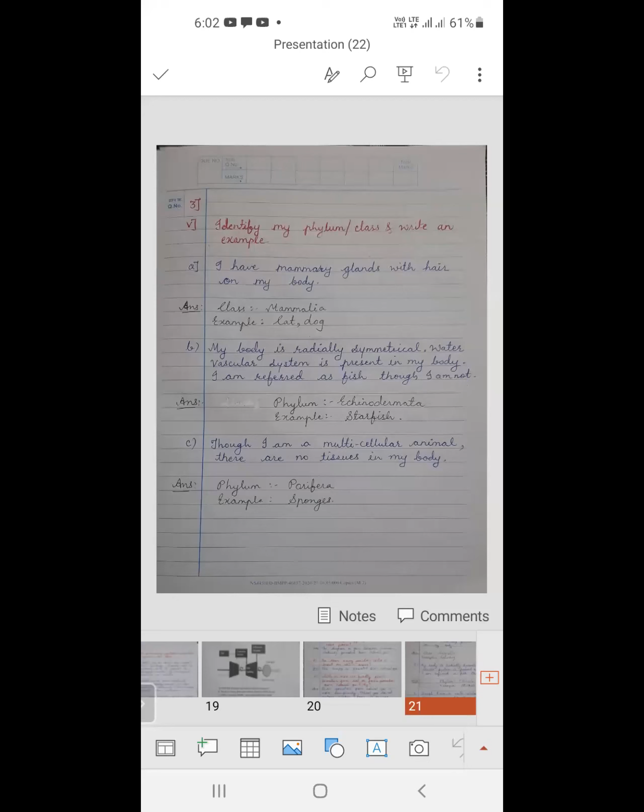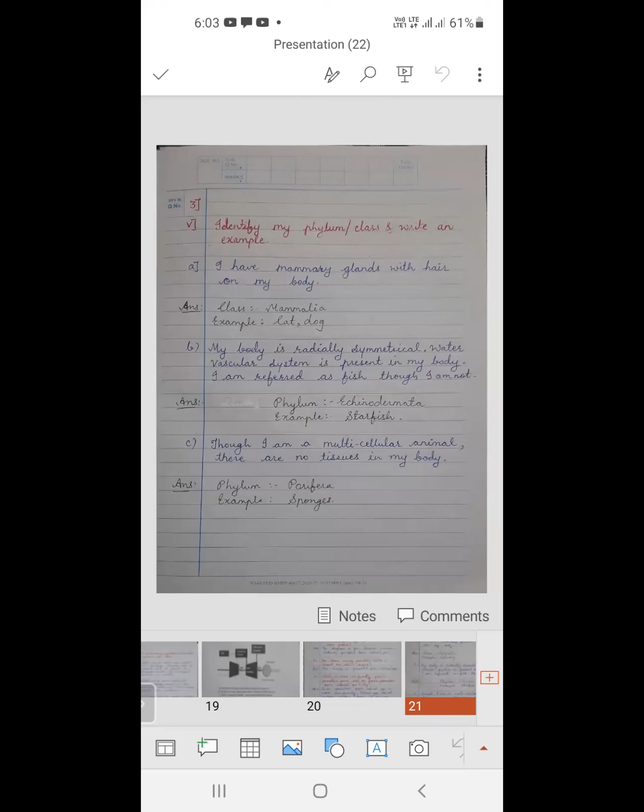Next one: my body is radially symmetrical, a water vascular system is present in my body, and I am referred to as fish though I am not. You have to identify which phylum it belongs to and give an example.